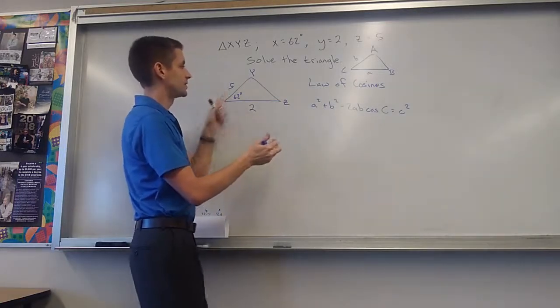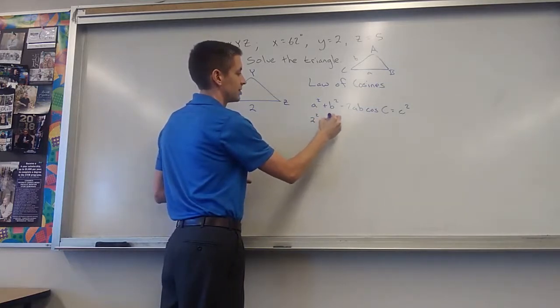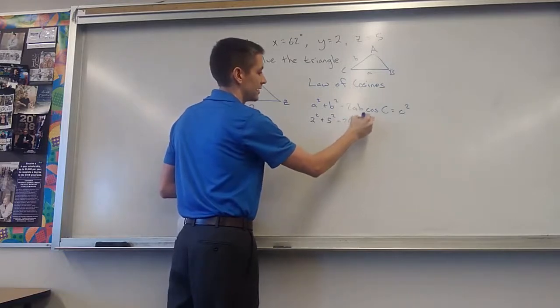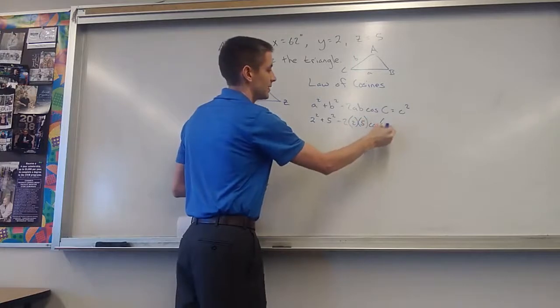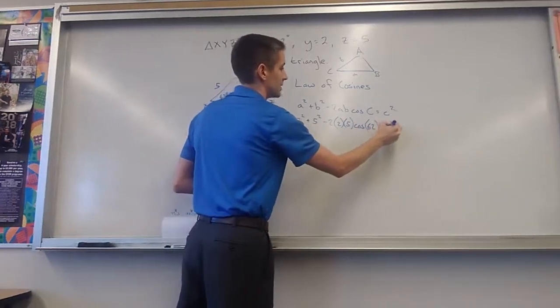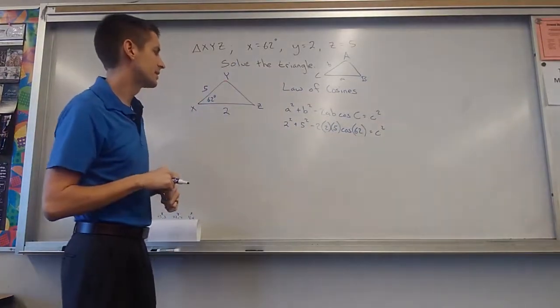I'm going to do 2 squared plus 5 squared minus 2 times that same 2 and 5 that we used for the two side lengths, times the cosine of the angle between them, which is 62 degrees, and that is equal to c squared.